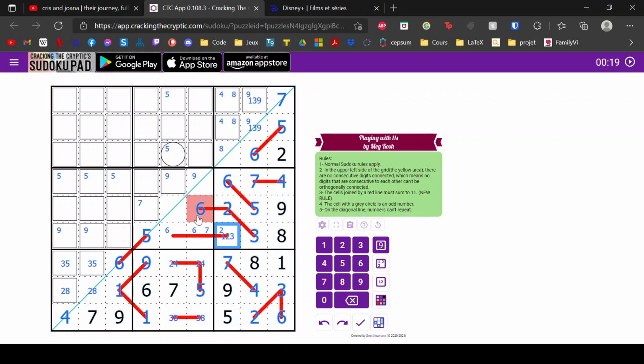So 2, 3, 1. These two sum up to 10. It can't be 1, 9, 8, 2, 3, 7, or 6, 4. So it's not possible. So that's not a 6.